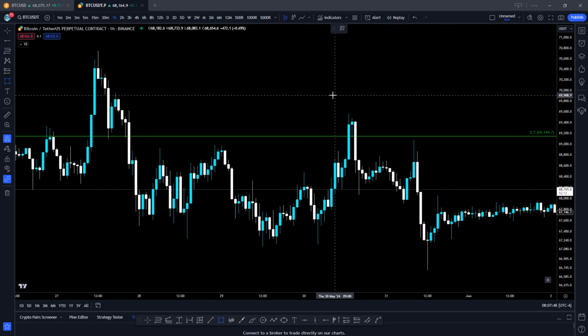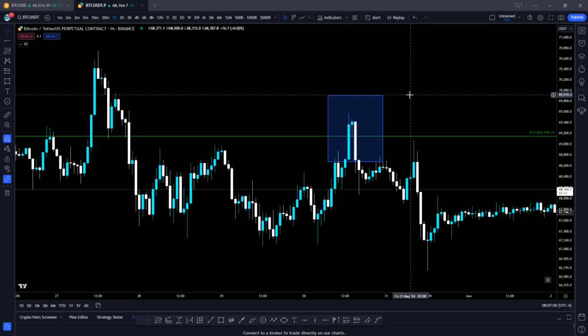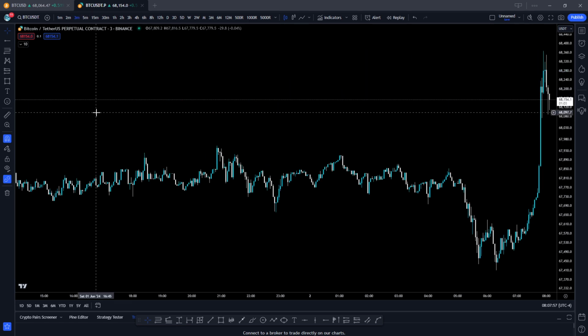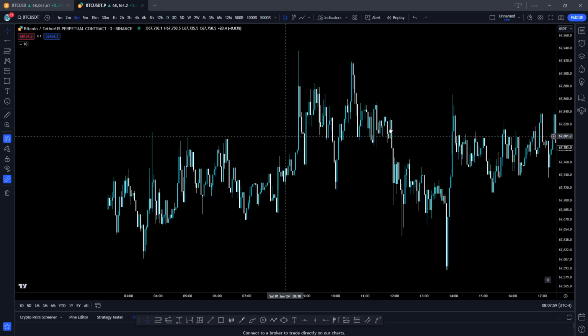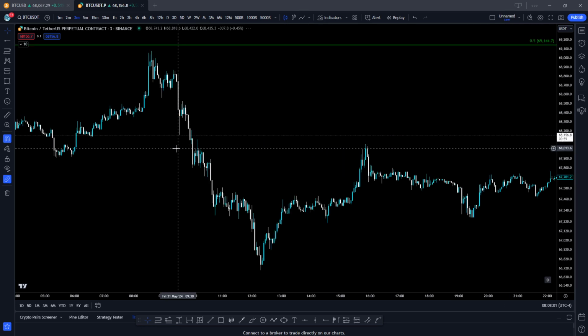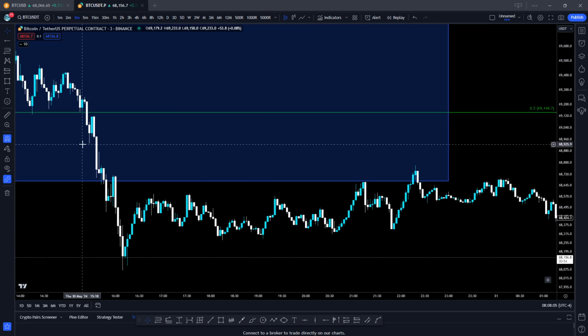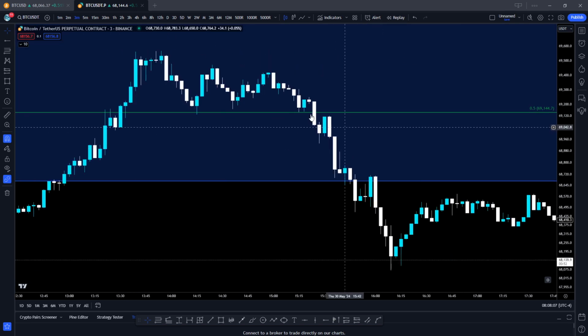So let's go ahead and zoom in to this area here. Start at the 3 minute. I've been finding more success on the 1 minute with this strategy, but it's all about whatever's the cleanest, whatever gives you the cleanest looks.